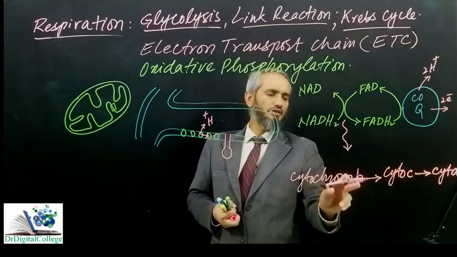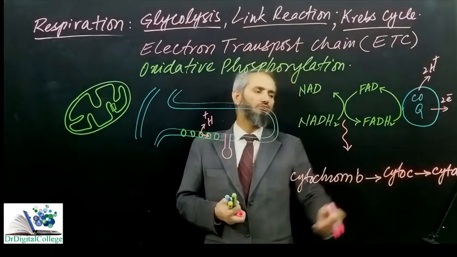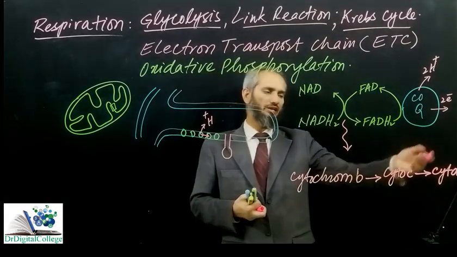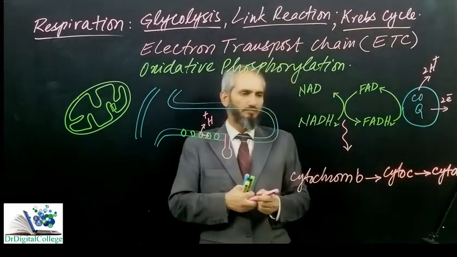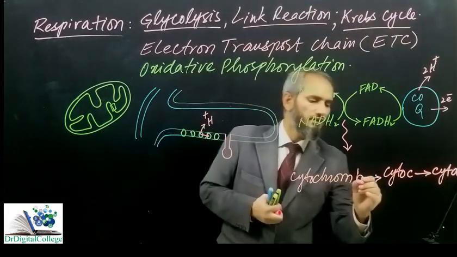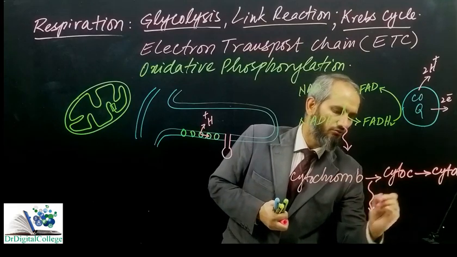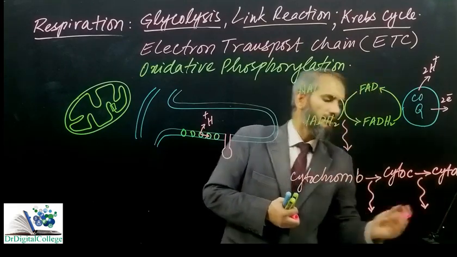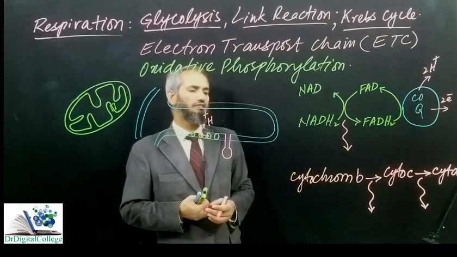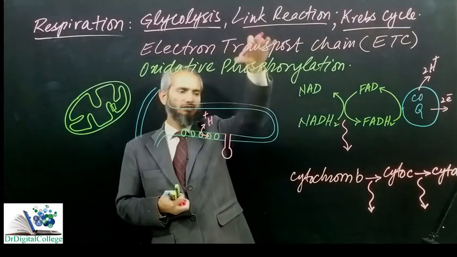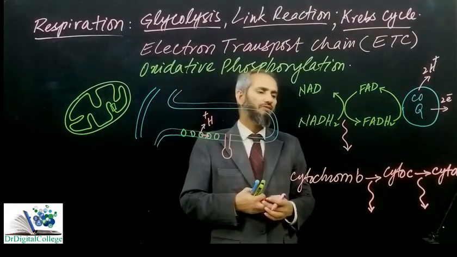From cytochrome B to cytochrome C to cytochrome A, or cytochrome A3 and A1, electrons are moving. And when they are moving, energy is being given out like this. It means electrons are being lowered in their energy level, coming from their higher energy shells to lower energy shells.